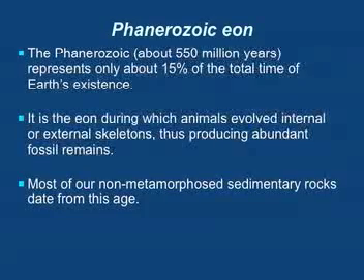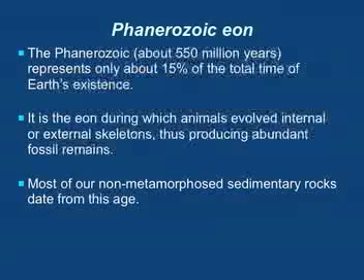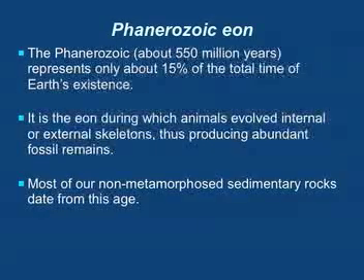And life was alive below the big black line, but it was all soft-bodied. It wasn't until above the big black line that hard parts started to evolve. So obviously, if you have hard parts, you are much more likely to be preserved. So we have a lot more evidence of life above the big black line. Now I told you I'd tell you the second reason. The rocks are much less likely to be messed up above the big black line.